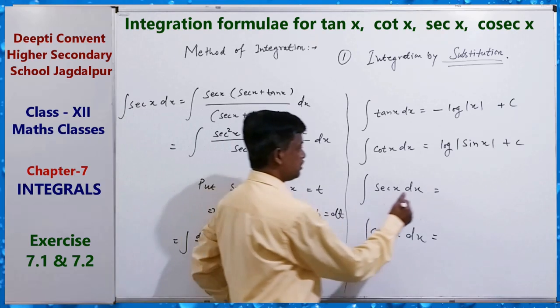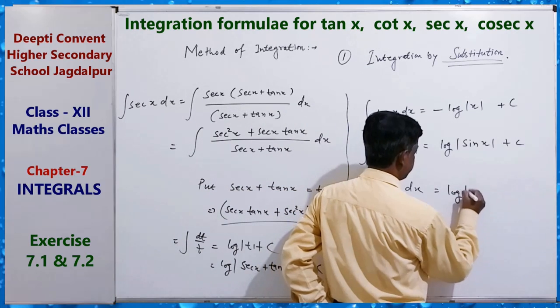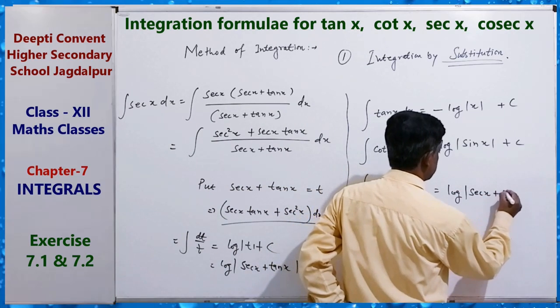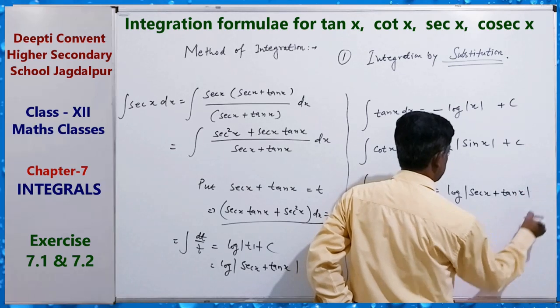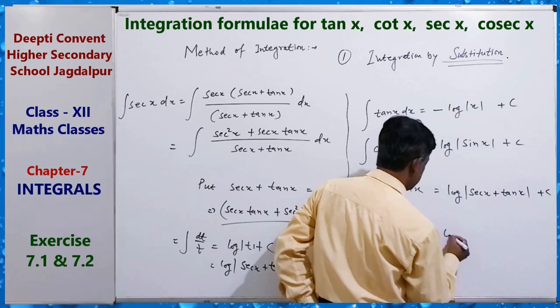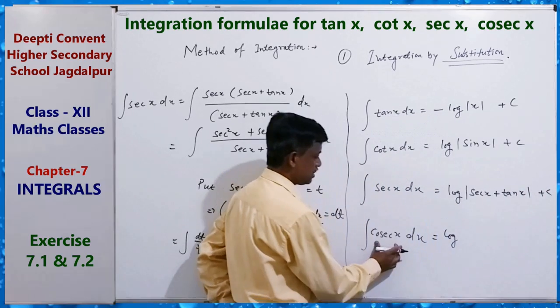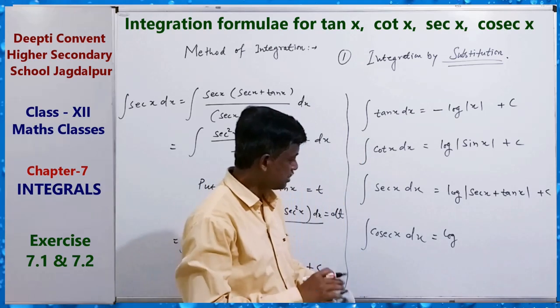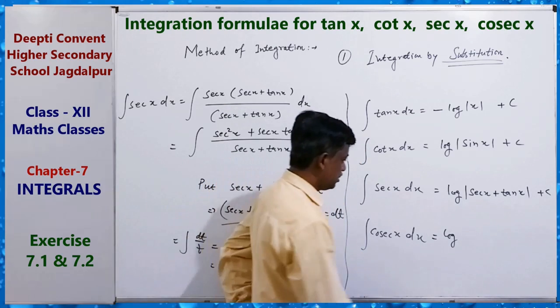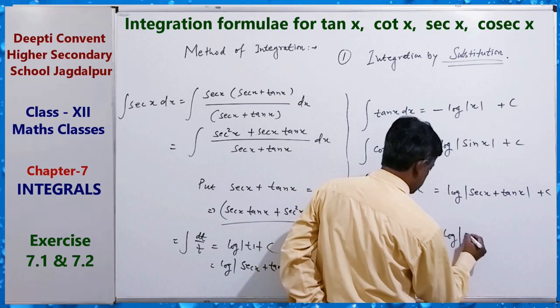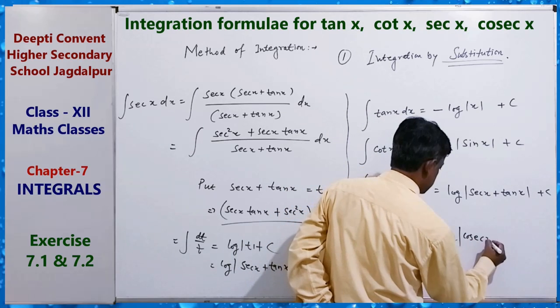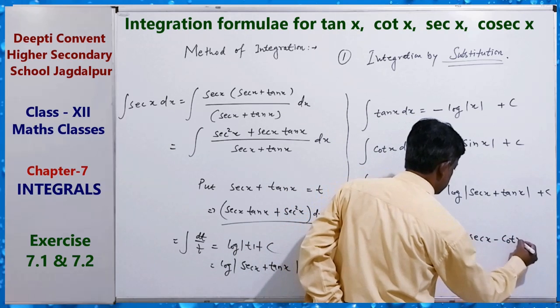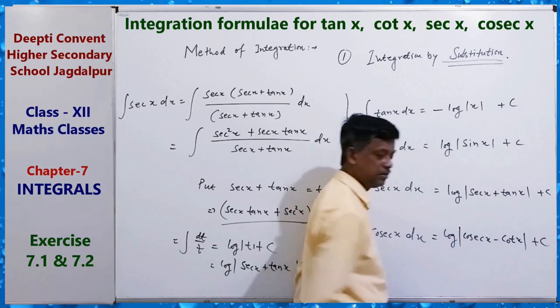Okay, so this is equals to log of sec x plus tan x plus c. Similarly, for cosec x, by multiplying on both numerator and denominator, cosec x minus cot x. So this is equal to log of cosec x minus cot x plus c.